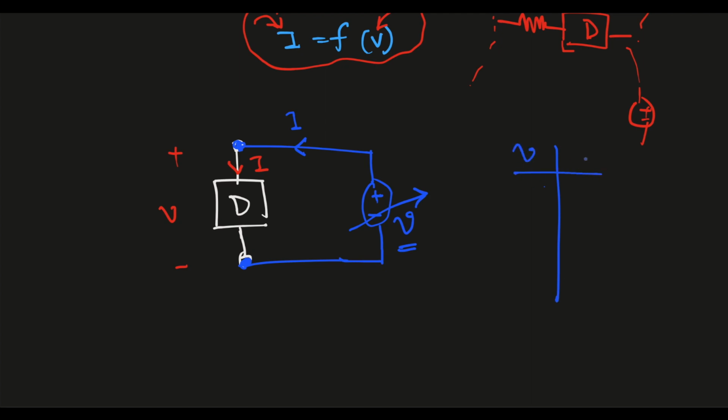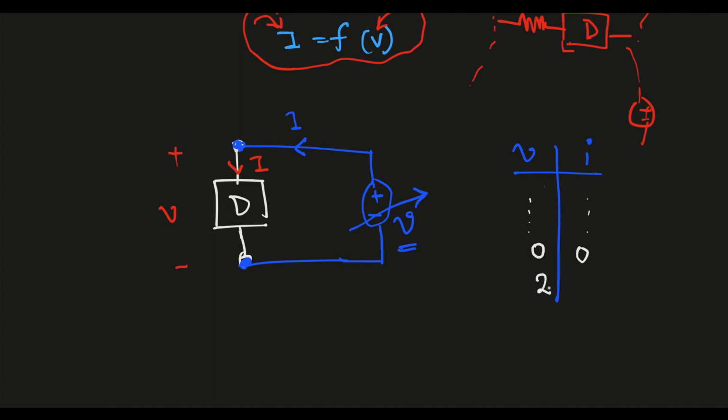Say for every voltage, we measure the corresponding current. Then what we will end up with is the IV characteristics of this device, because for every possible voltage, we know the corresponding current. For example, say when the voltage is 0, the current could be 0.